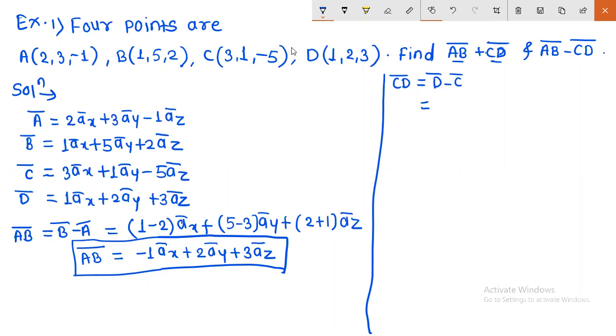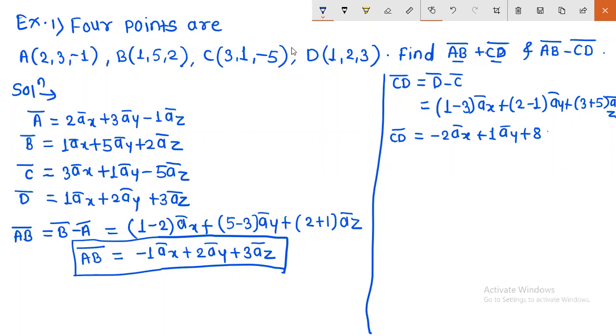Just tell me as 1 minus 3, that is minus 2 a bar x, plus 2 minus 1, that is 1 a bar y, and plus 3 plus 5, that is 8 a bar z. So this CD bar is equal to minus 2 a bar x plus 1 a bar y and plus 8 a bar z.